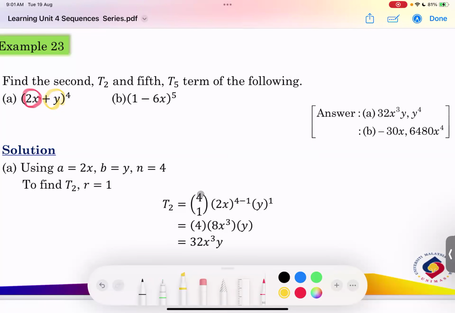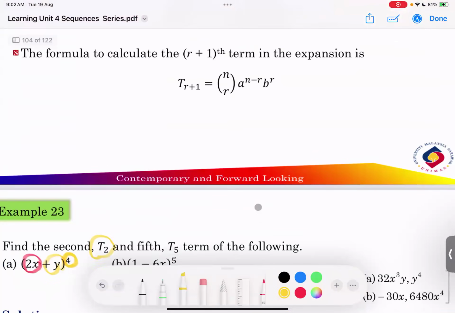So if you write like this, we pick T2 only. You can see this part here is 4C1. Why 4C1? Because you have to know that this one is the power of 4. So 4C1 multiplied by (2x) to the power of 4 minus 1, times y to the power of 1.